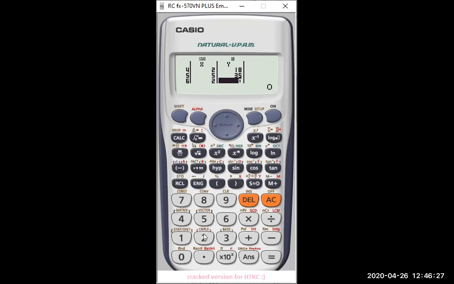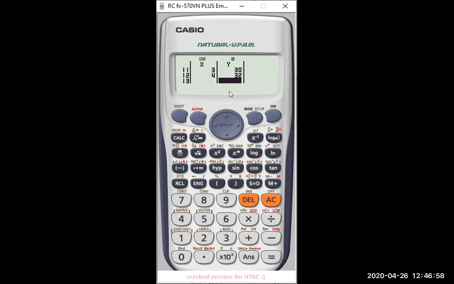Then 24, 24 equal, 36, 36 equal, 25, 25 equal, 31, 31 equal, 37 equal, and 30, 30, and the last point is 32, 32 equal.